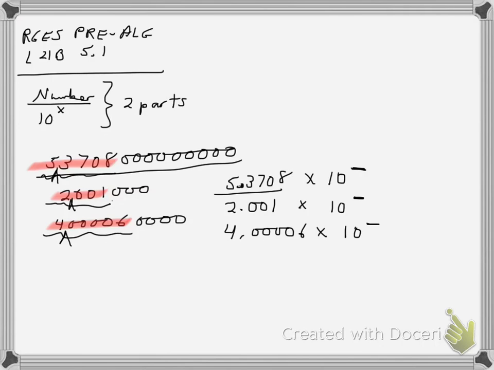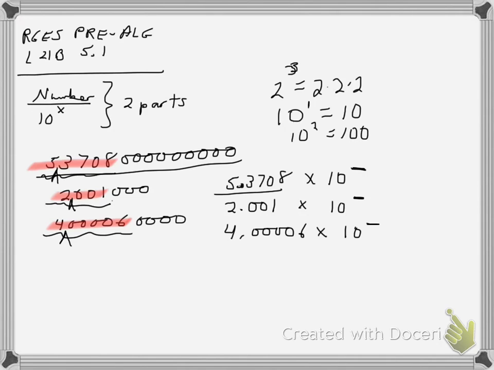Now, what would I do to write 10 to the something power? Well, there's a couple things you need to know. 10 to a power, let's say if I have 2 to the third power, that means 2 times 2 times 2. Right? So 10 to the first power is just 10. 10 to the second power is 10 times 10, or 100.